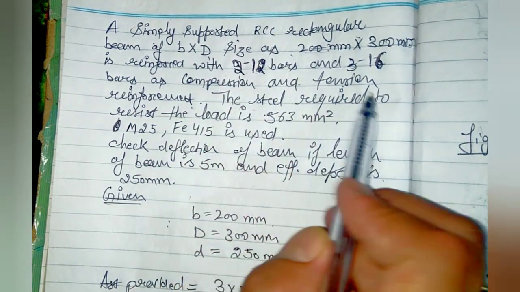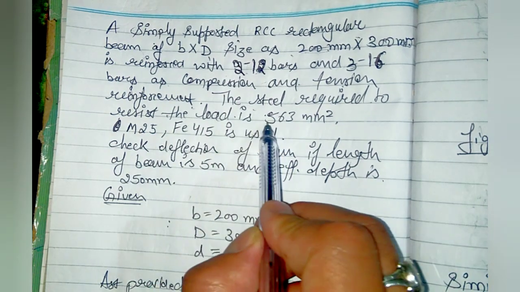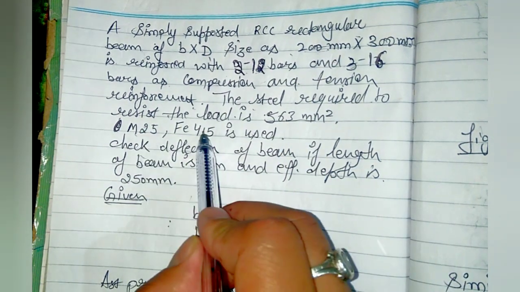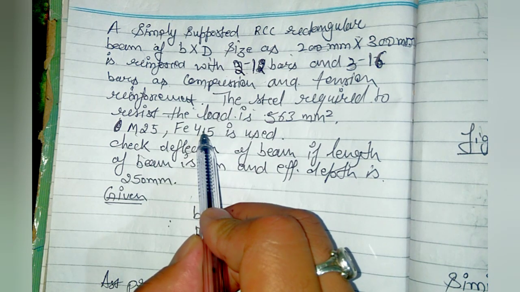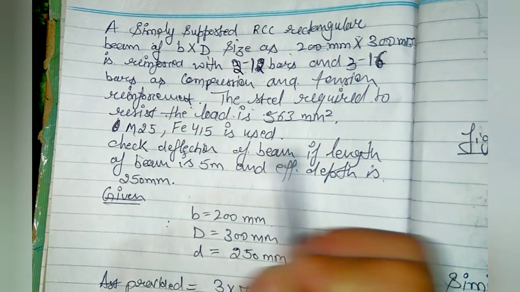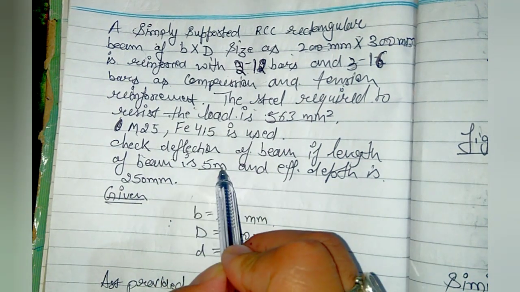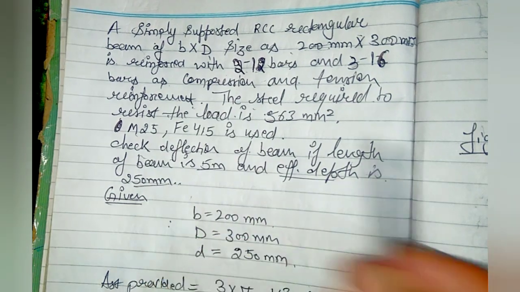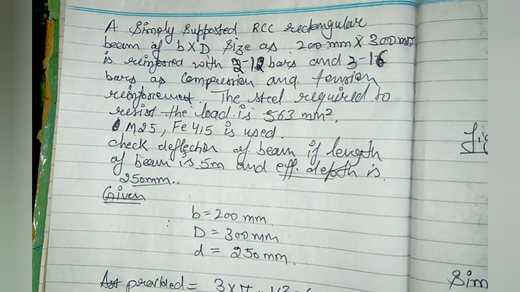The steel required to resist the load is 563 mm square. Use M25 and Fe415 steel. Now check the deflection of the beam if the length of the beam is 5 meter and the effective depth is 250 mm. So this is the problem.